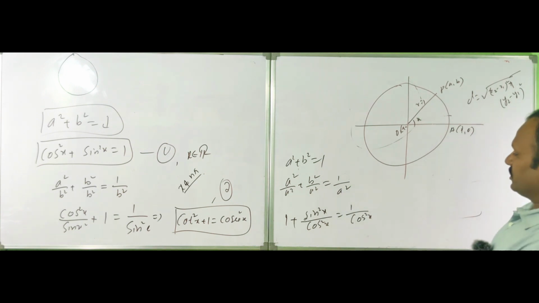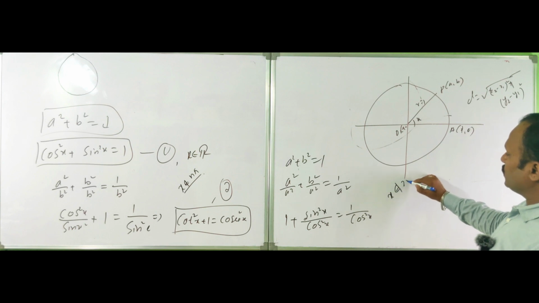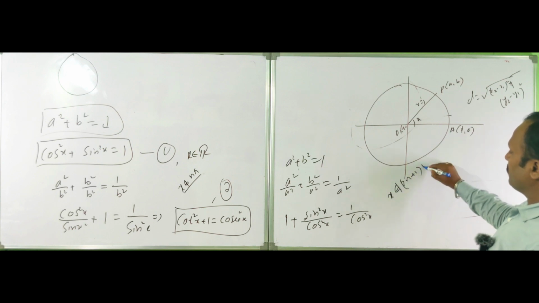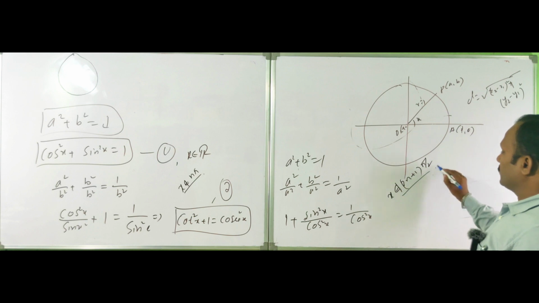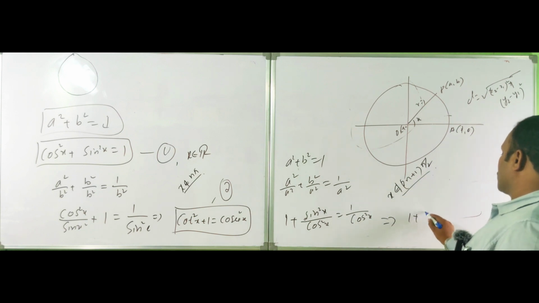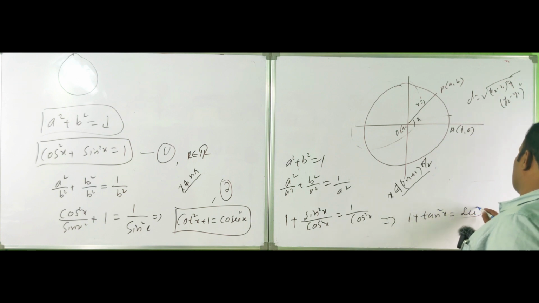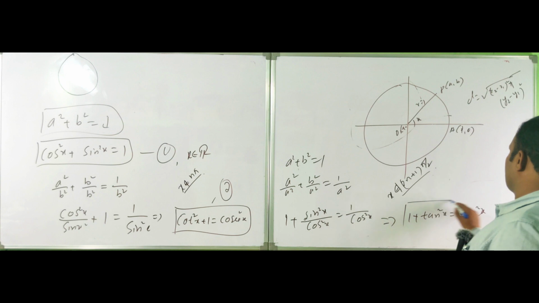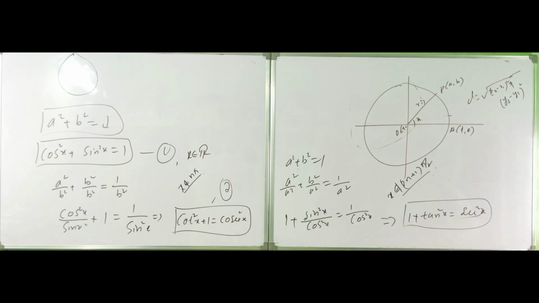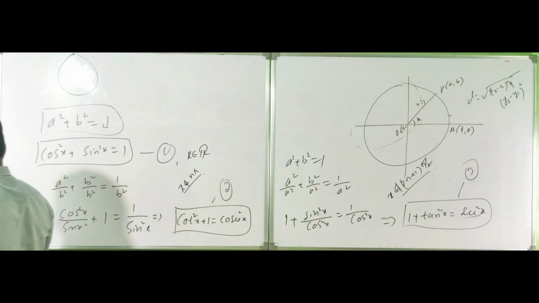The denominator is cos square x, therefore x does not belong to (2n+1) multiples of pi by 2. This implies 1 plus tan square x is equal to secant square x. This is the third. These three are very important fundamental identities in the circular functions.